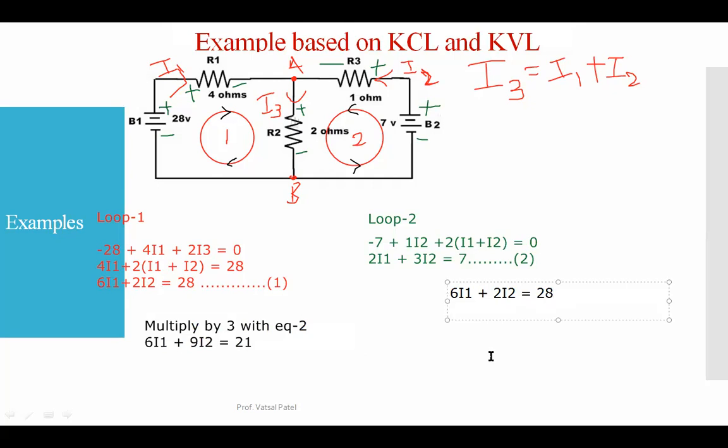If you subtract this equation, we can write minus 6I1, or if you multiply this also with the minus multiplication, you can do the same thing to make the addition. So what is the new value now? See, this is going to be cancelled. 6I1 is going to be cancelled. If we add it together, what will be the equation now?